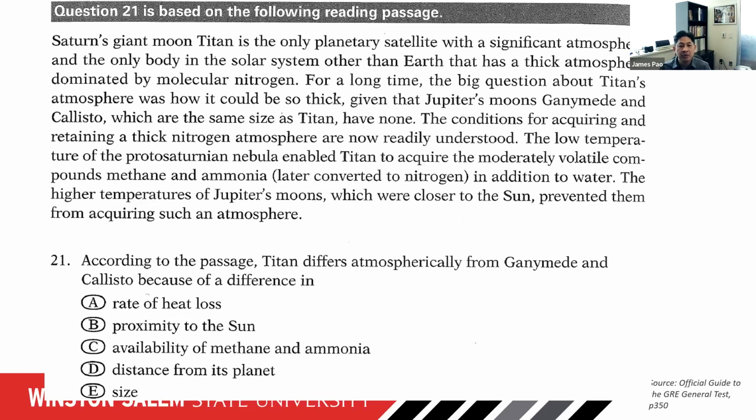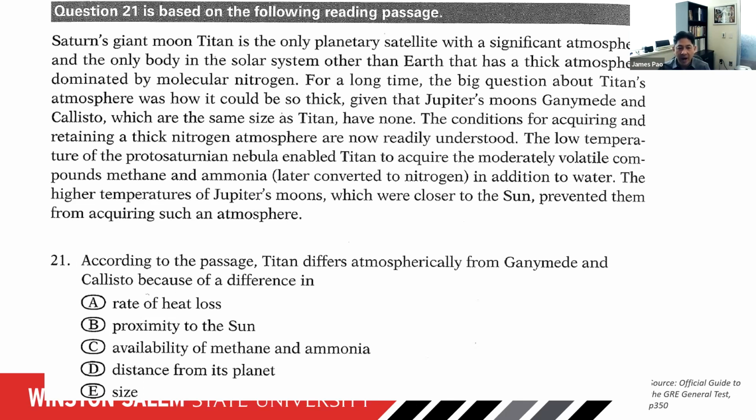Saturn's giant moon, Titan, is the only planetary satellite with a significant atmosphere and the only body in the solar system other than Earth that has a thick atmosphere dominated by molecular nitrogen. For a long time, the big question about Titan's atmosphere was how it could be so thick, given that Jupiter's moons, Ganymede and Callisto, which are the same size as Titan, have none.